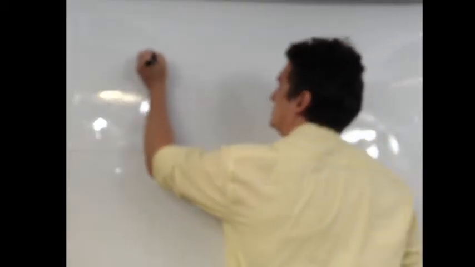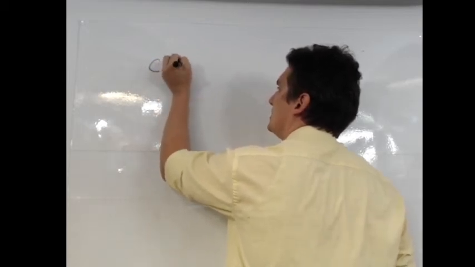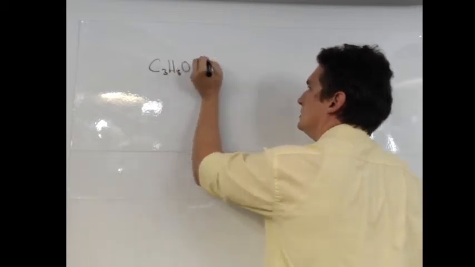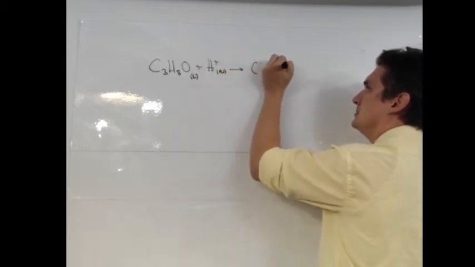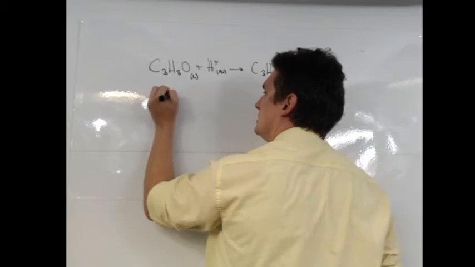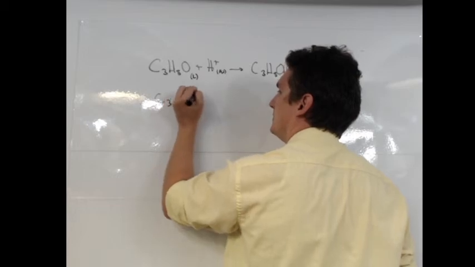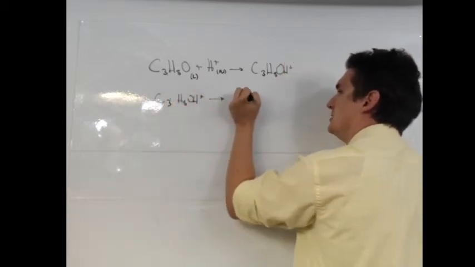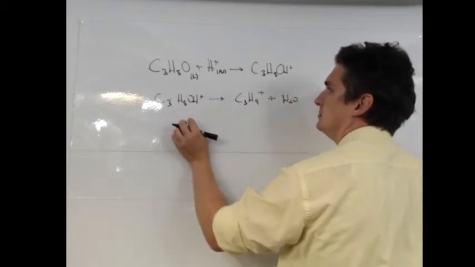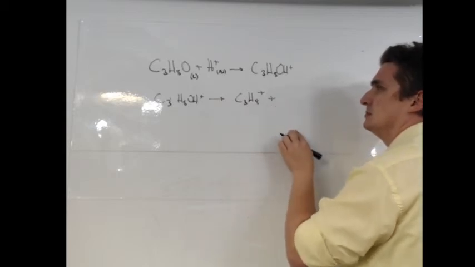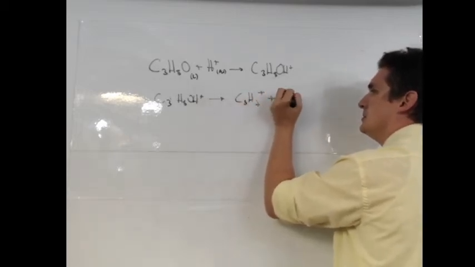But let's say we had the reaction C3H7, now we'll make it easy, H8O, it's a liquid, plus H+, goes to C3H8OH+. C3H8OH+ decomposes into C3H8 plus H2O.